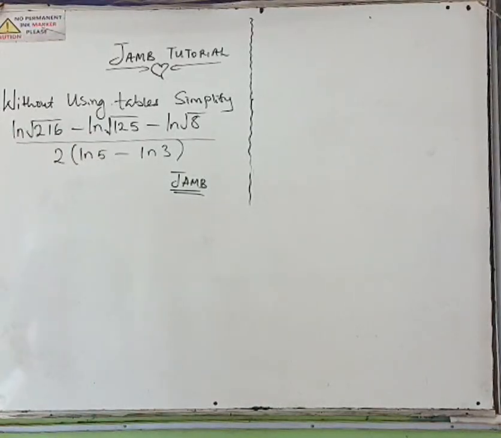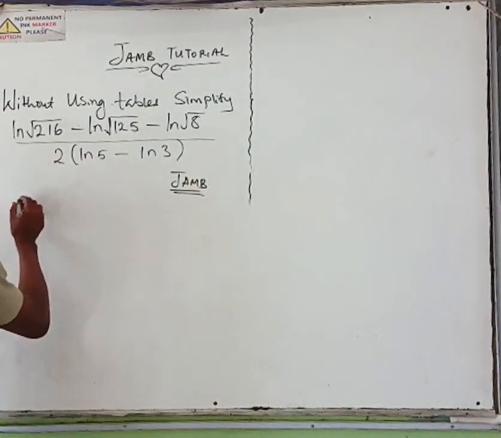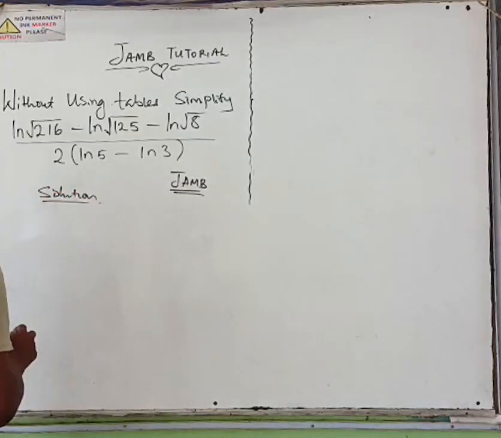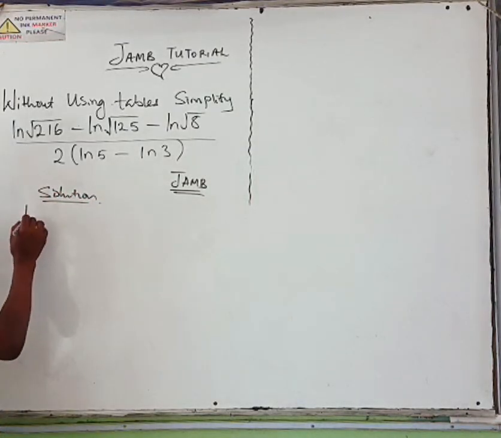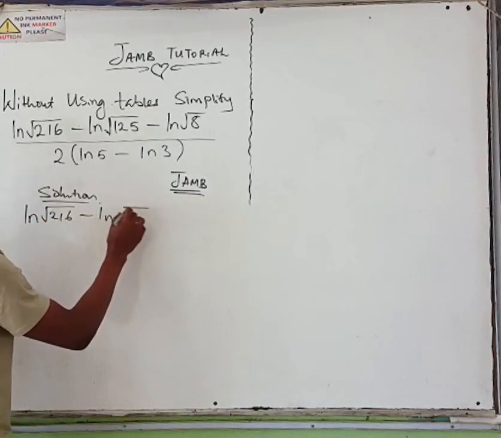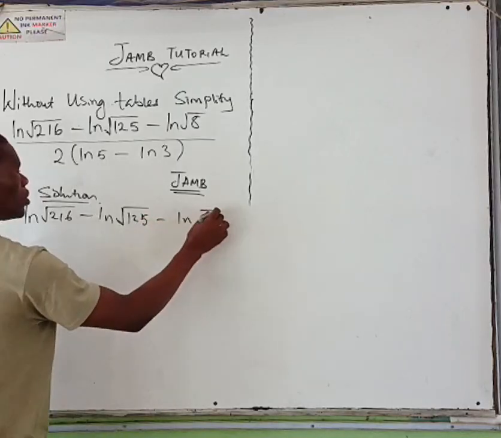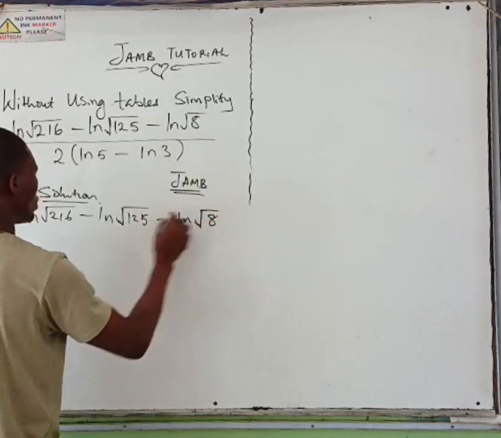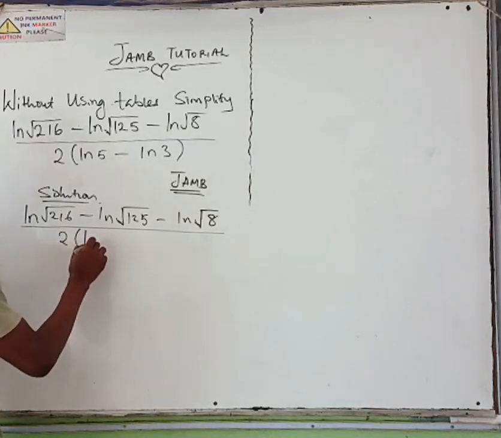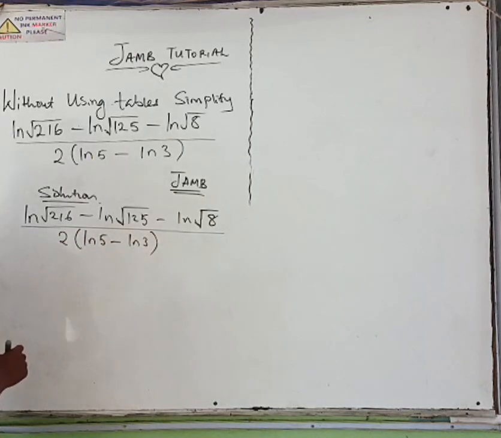The first thing we're going to do is write this as the solution. We have ln 216 minus ln 125 minus ln root 8, all over 2 into the bracket ln 5 minus ln 3.